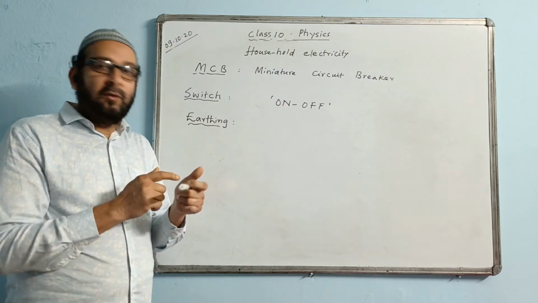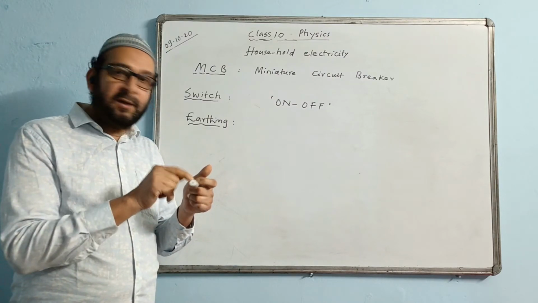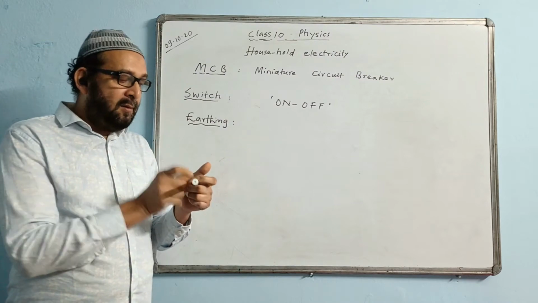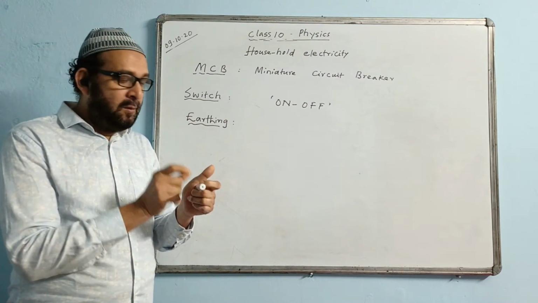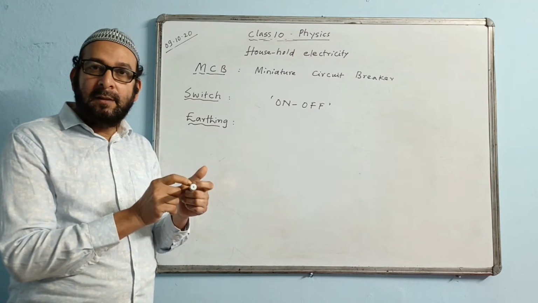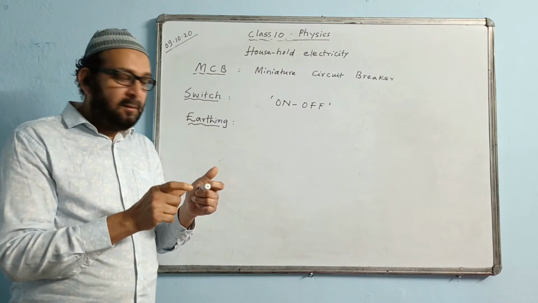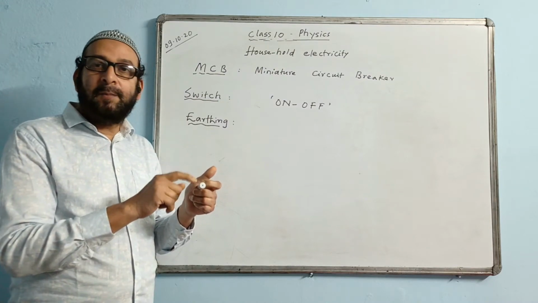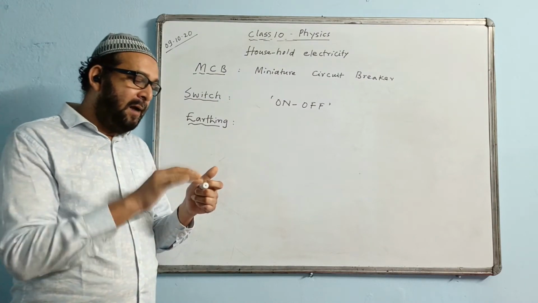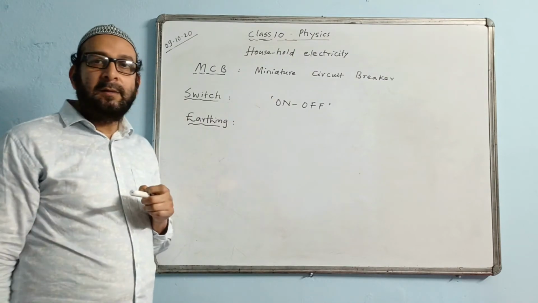Unless the defect is corrected, the fuse will not be intact. So earthing prevents the shock which a person may get while handling or touching an appliance. That is called earthing.